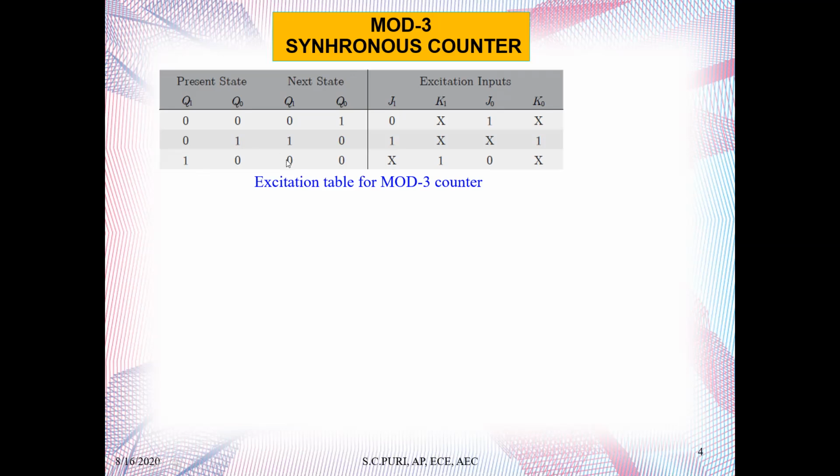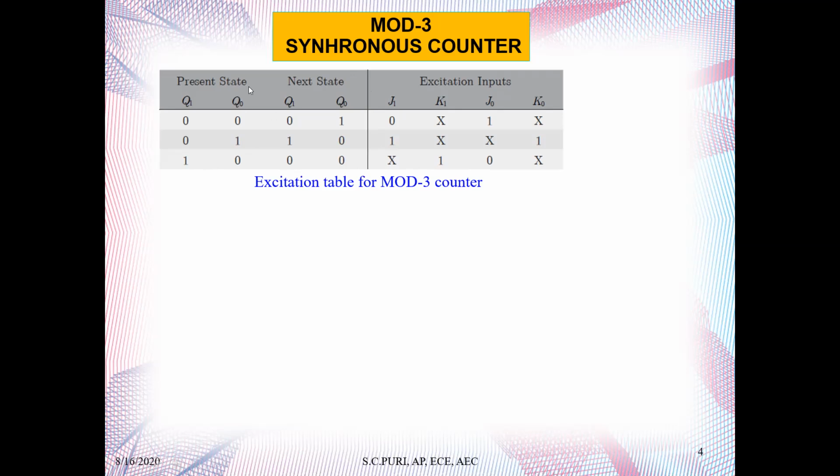This can only happen if JK is either in toggling mode or it is reset. So that means either it is 1 1 or it is 0 1. So that means cross. So the first flip-flop excitation table is finished for mod 3 operation.